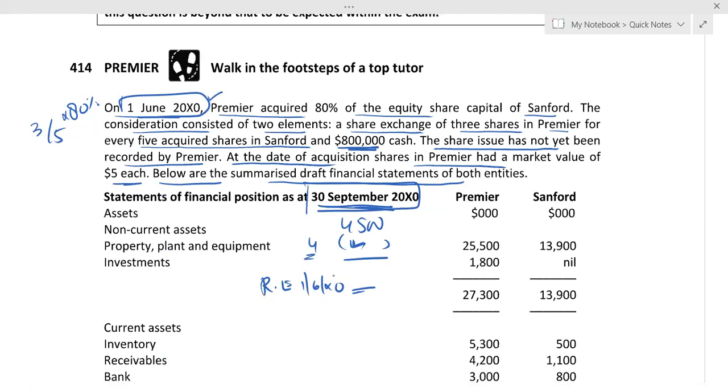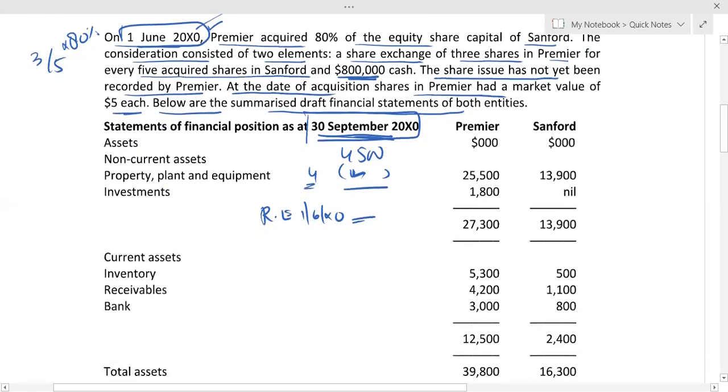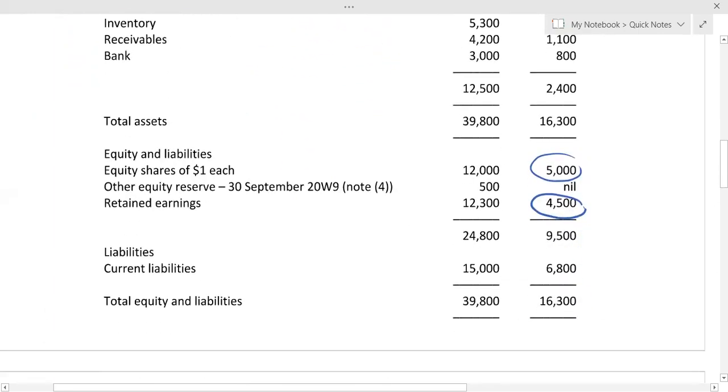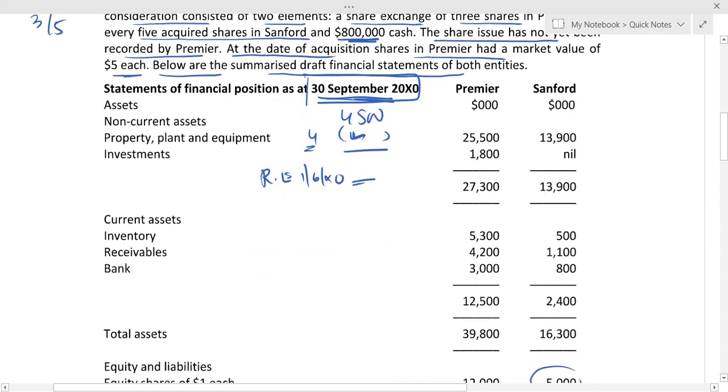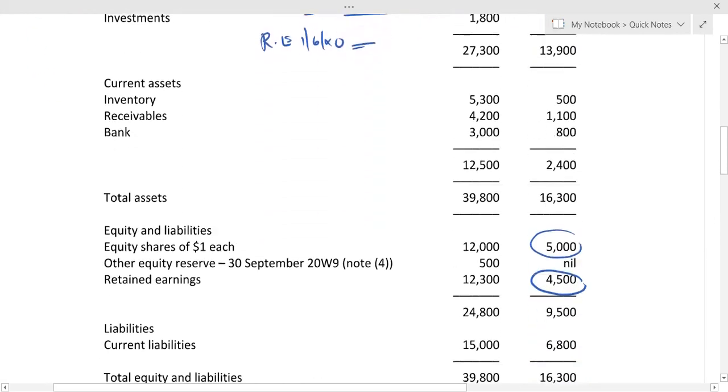So now we have to calculate the retained earning at 1st June X0. There's only one way to calculate. If we can manage to deduct the last 4 months current year retained earning from 4,500, then automatically you will get the retained earning at 1st June X0. Current year earnings. Let's see.